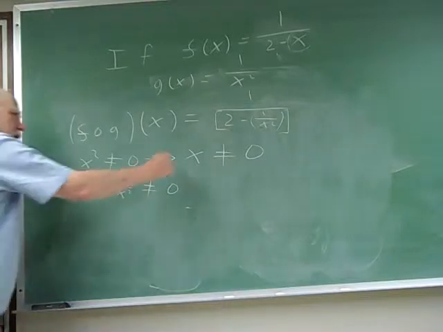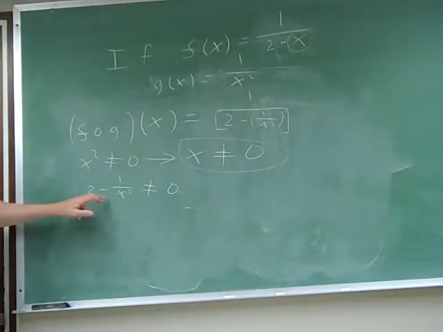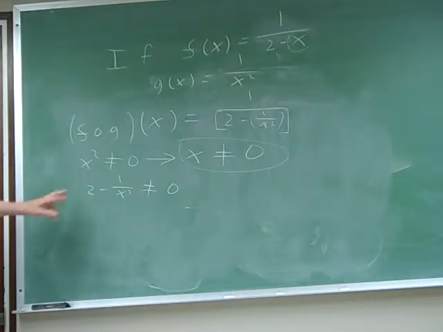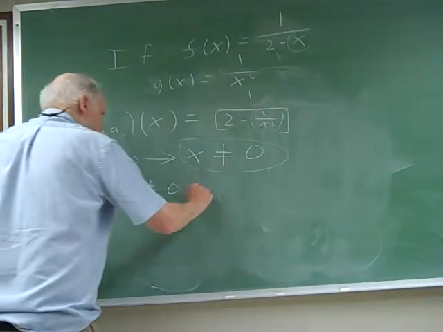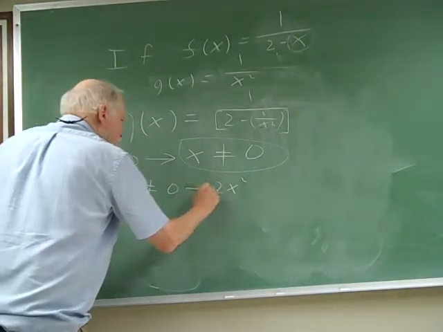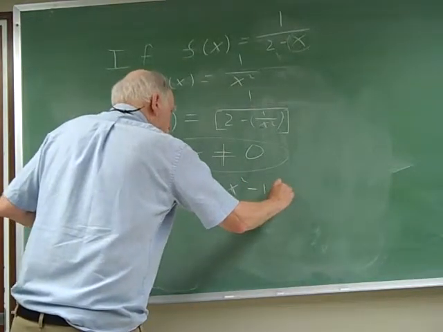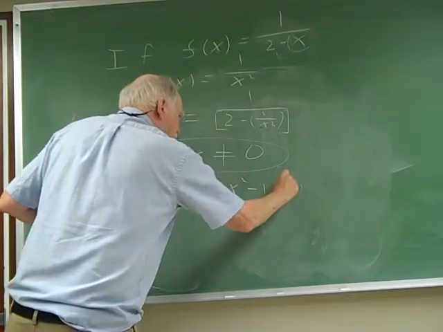So we have this part of the domain, x can't equal 0, and then we have this part of the domain. In order to find out what x can't be here, we multiply both sides by x squared, and when we do that, we'll get 2x squared minus 1 cannot equal 0.